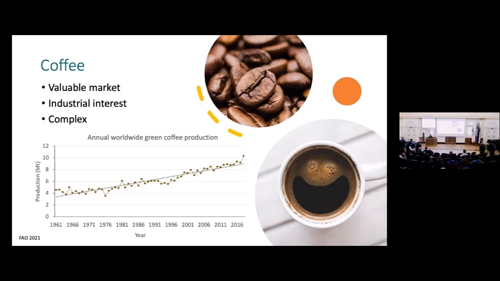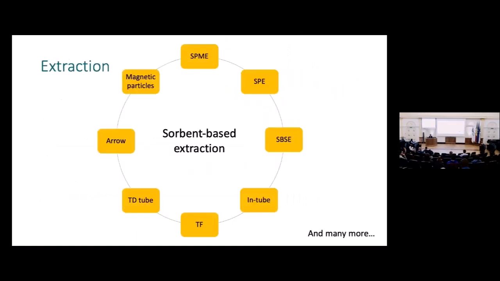So it's really of high interest to learn more about this matrix.